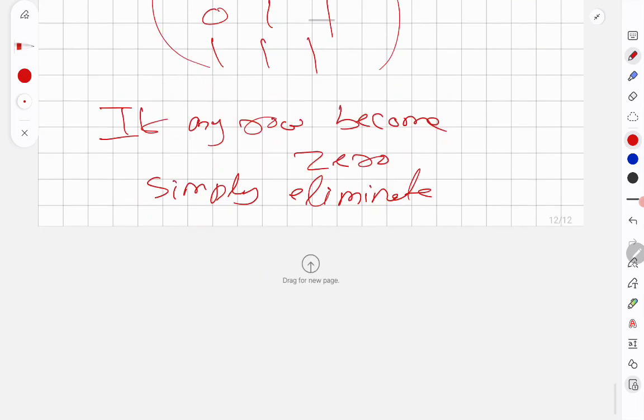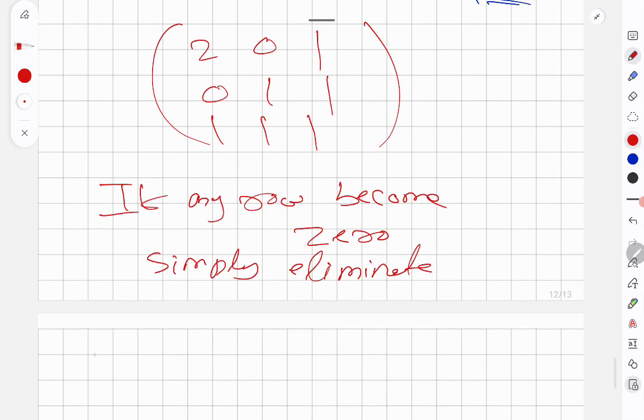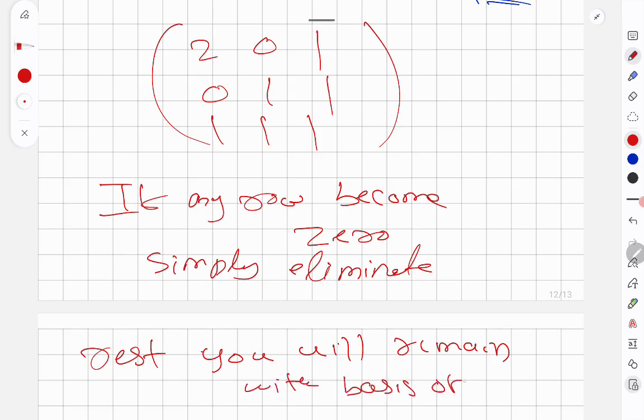The rest you will remain with is the basis of the image. Is it clear now? Completely.